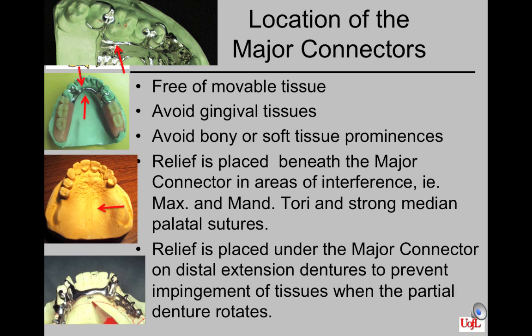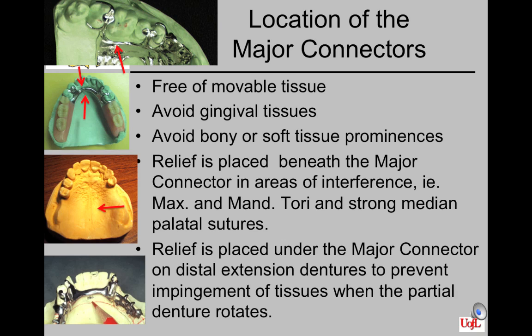When we have a dramatic bony torus present on the maxillary arch, we may try to avoid it with a different design that may not be as acceptable as desired for rigidity, but it's indicated when the structure is present. Relief is placed beneath the major connector in the areas of interference.